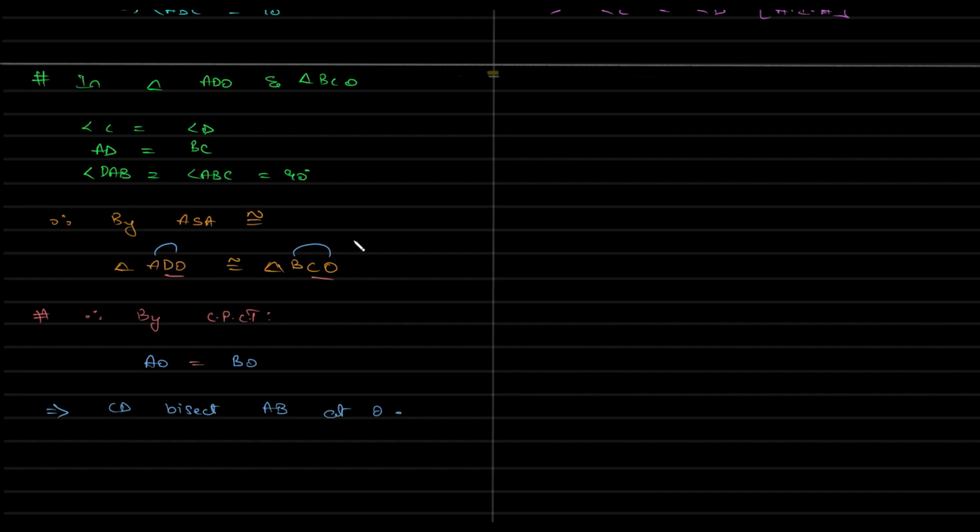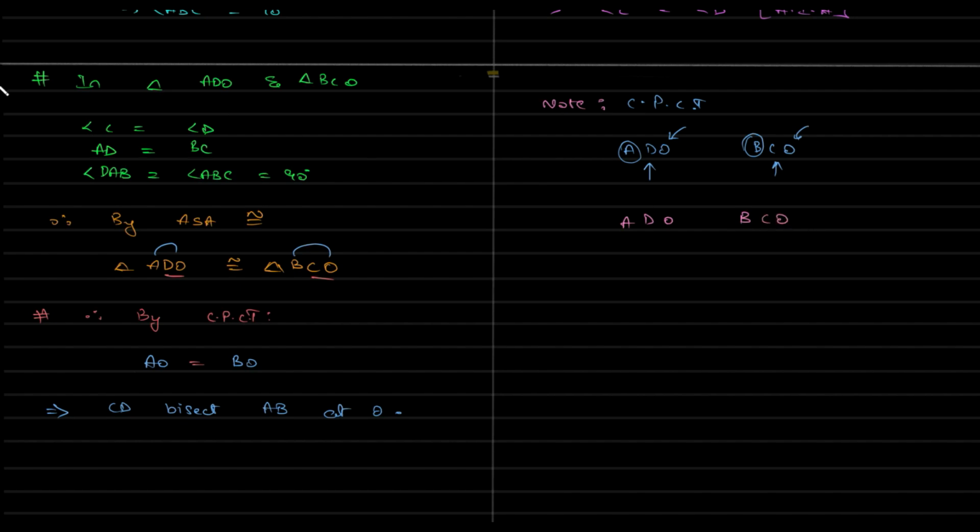So again, I'll repeat. CPCT means the corresponding angles like ADO and BCO: A is equal to B, D is equal to C, and AOD is equal to BOC. And when it comes to sides, please have a look at this. Try to understand CPCT.